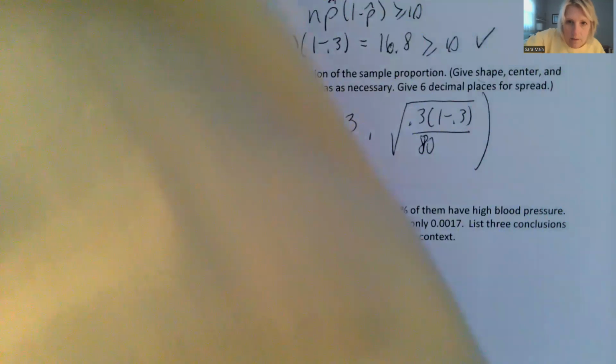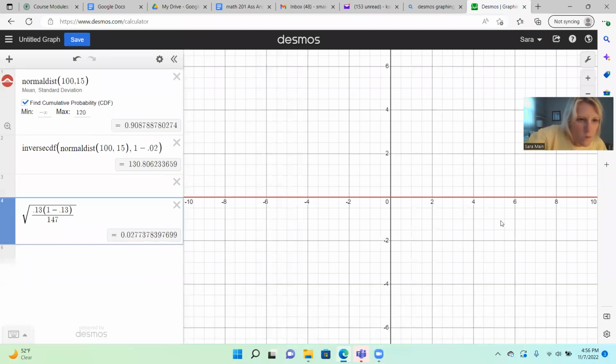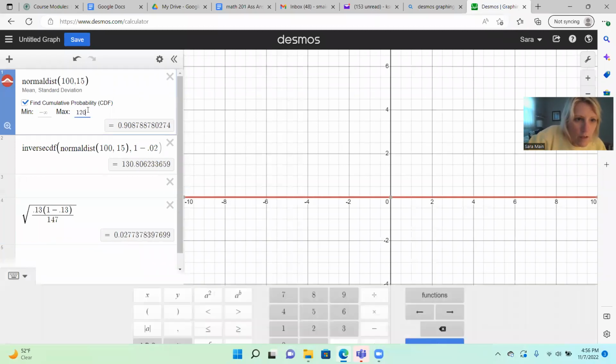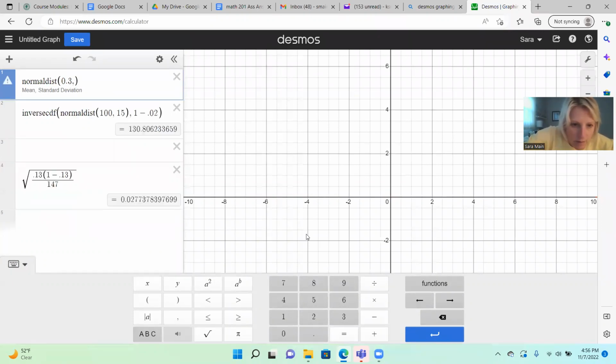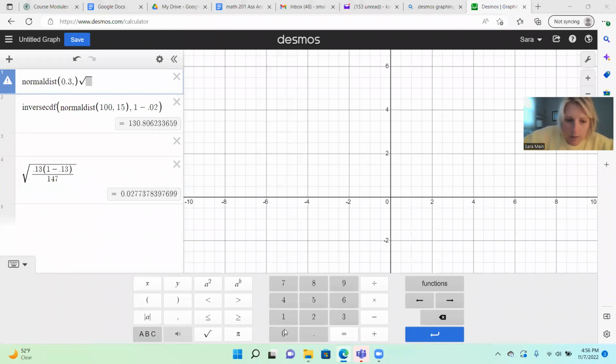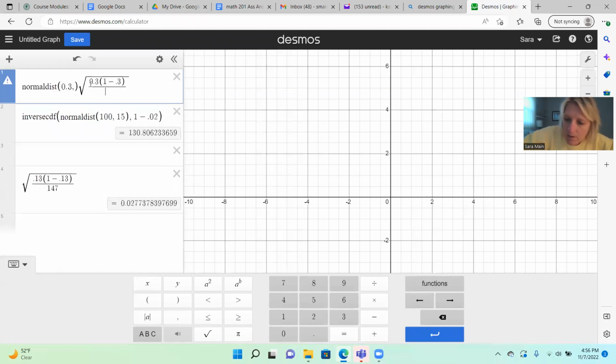So let's go ahead and do that. We have the square root of 0.3 times 1 minus 0.3, and then it's divided by 80.